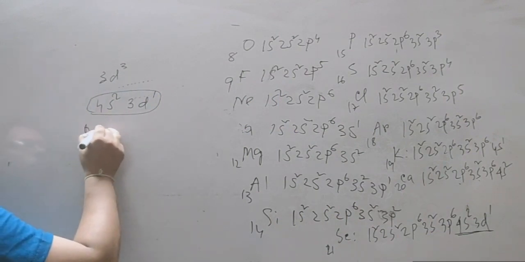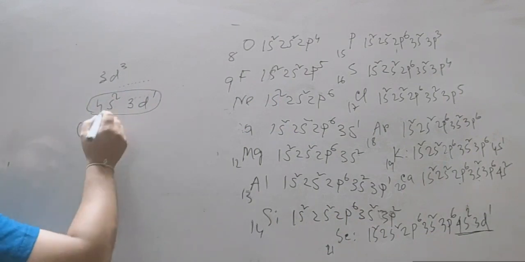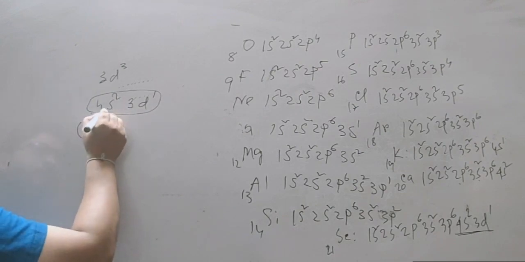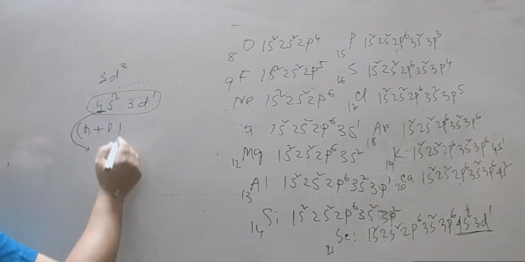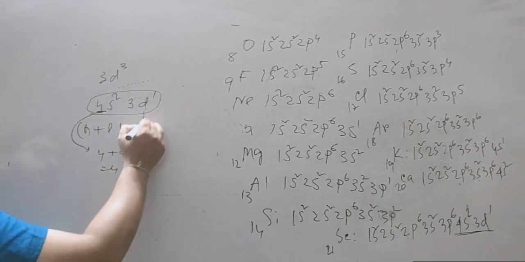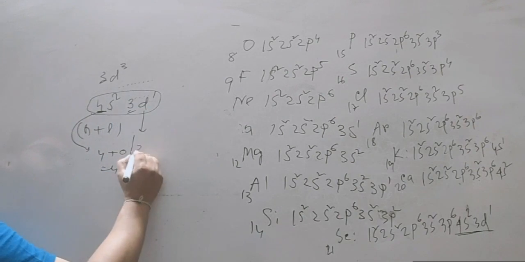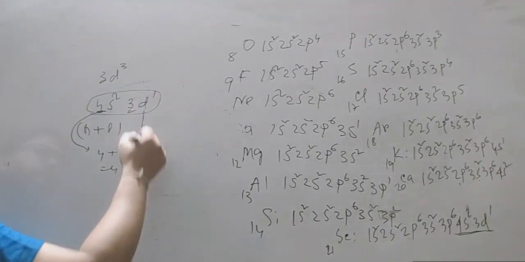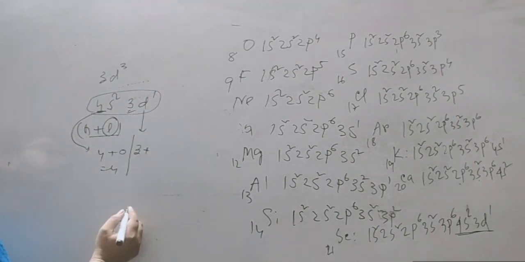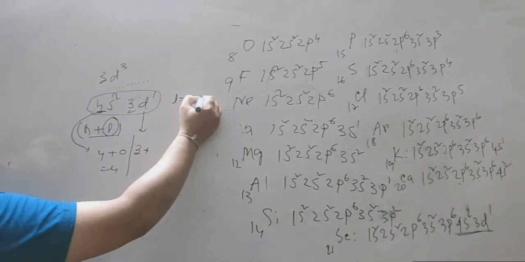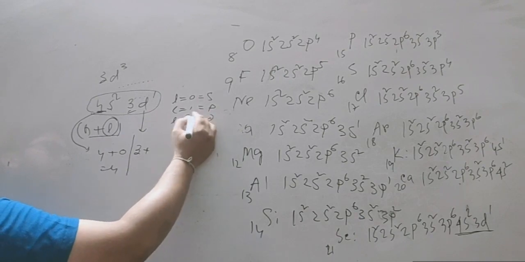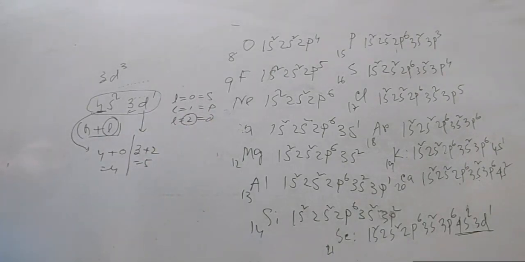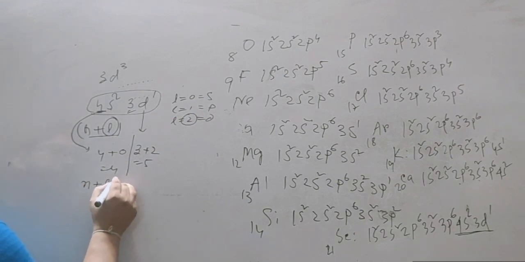Then we have to follow the n plus l formula. For 4s, n is 4 and l is 0, so n plus l is 4. For 3d, n is 3, and for d, l is 2, since l equal to 0 means s, 1 means p, 2 means d, so n plus l is 5. We fill electrons first where the n plus l value is less.